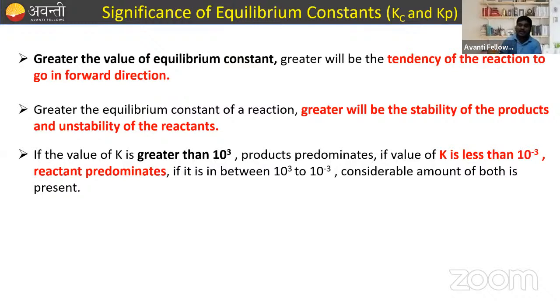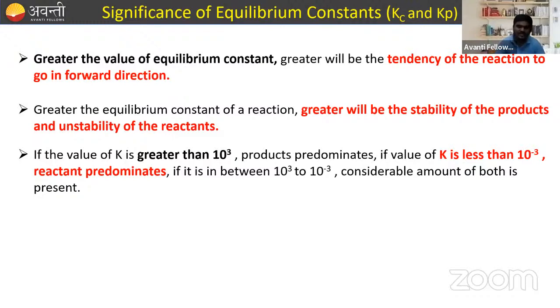If the value of K is greater than 10 to the power 3, always remember, the products predominate. If the value of K is less than 10 to the power minus 3, then the reactants predominate.